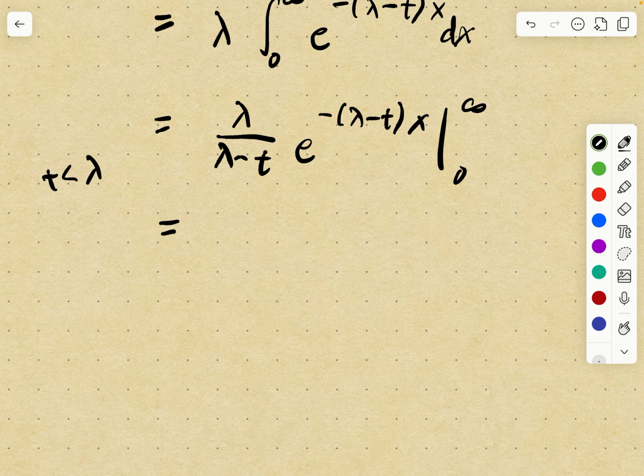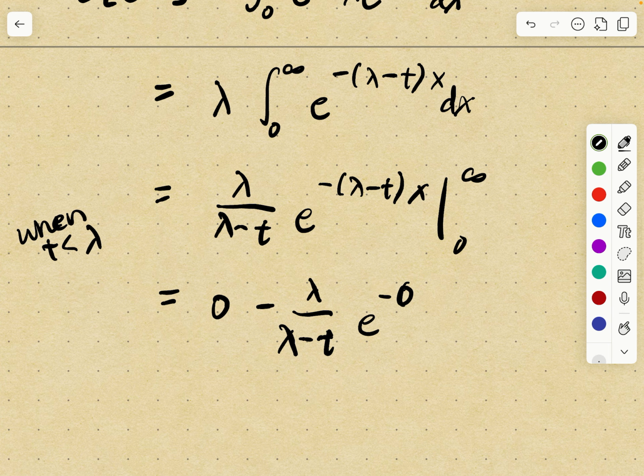And then when t is less than lambda, you're going to get 0 minus lambda over lambda minus t times e to the minus 0. Did I get that wrong? Let's see.